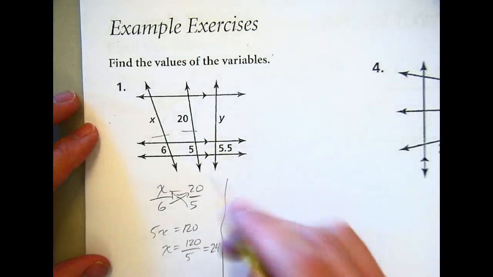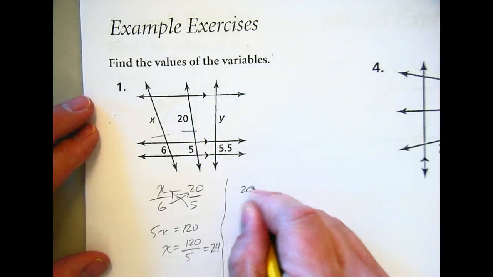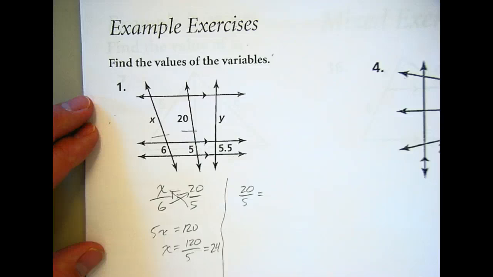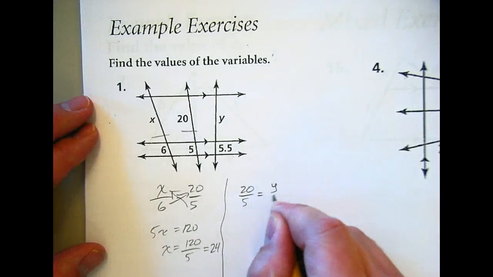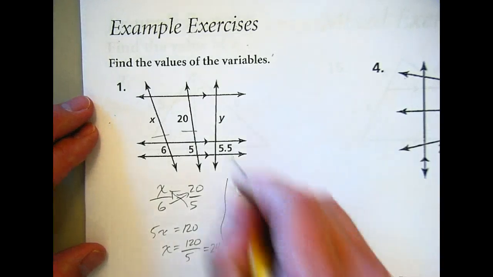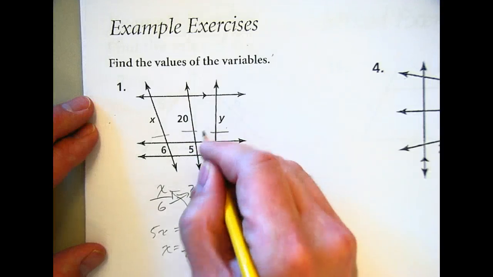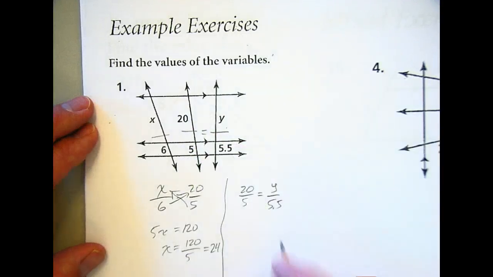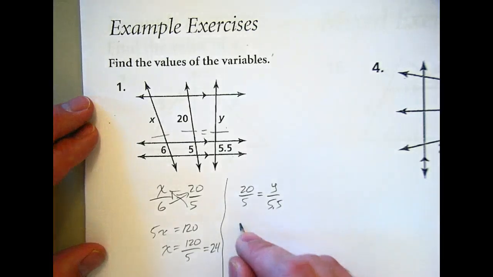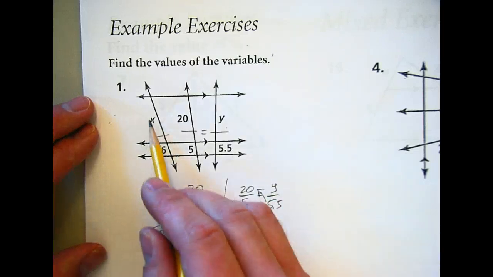Okay, 20 over 5 equals what? Y over 5.5. So this over this equals that. We get 5.5 times 20. Could you do 24 over 6 equals y over 5.5? You could use 24 over 6.